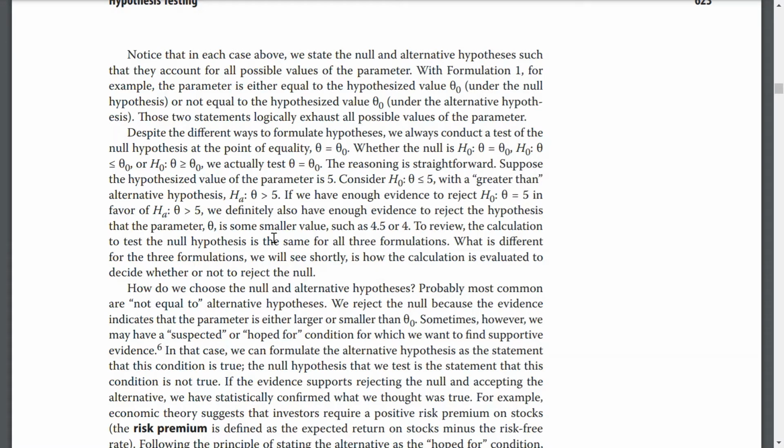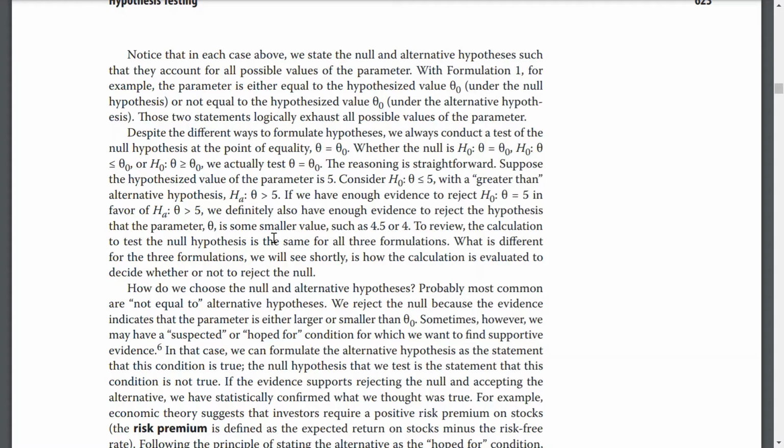If we have enough evidence to reject the null hypothesis of theta equals 5 in favor of theta greater than 5, we definitely also have evidence to reject the hypothesis that theta is some smaller value such as 4.5 or 4. To review, the calculation to test the null hypothesis is the same for all 3 formulations. What is different for the 3 formulations, as we will see shortly, is how the calculation is evaluated to decide whether or not to reject the null.